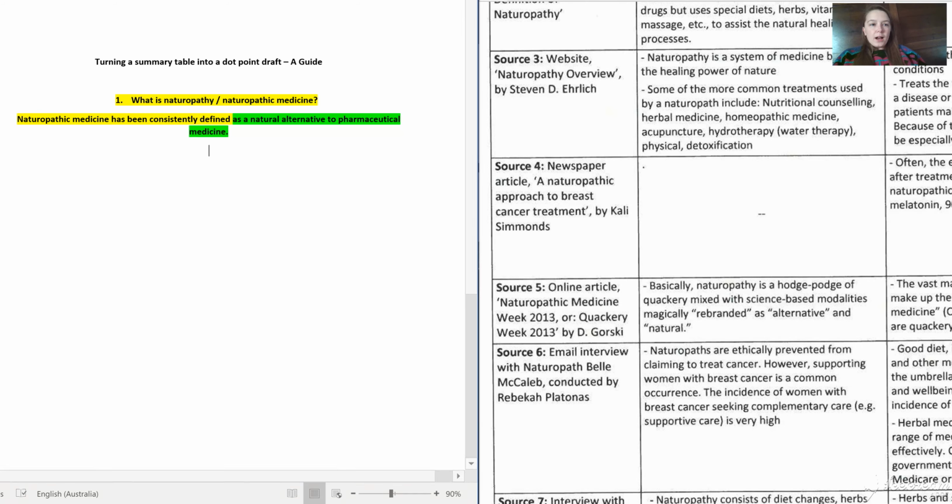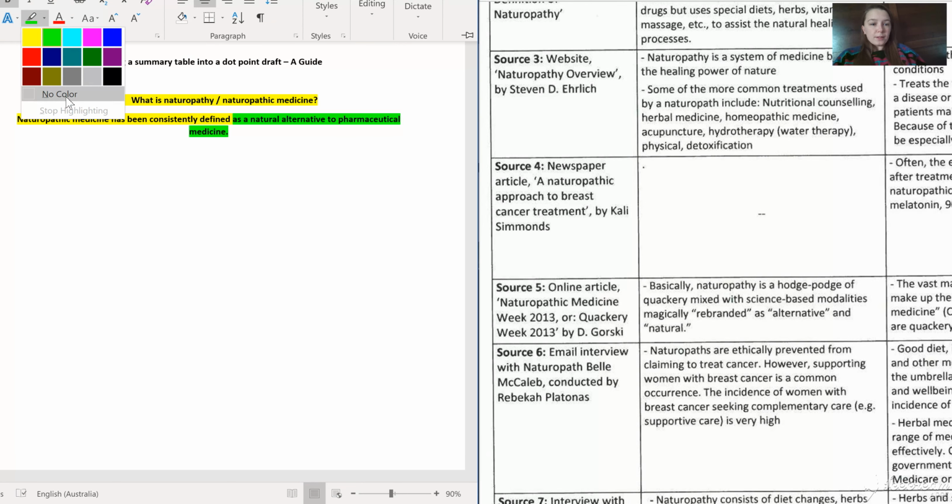So then what I want to do is take those sources and work with them. Those sources are quotes that I'm going to use in my work, but I need to start thinking, right, how do I lay this out? So I'm seeing that there are several key features to naturopathic medicine.